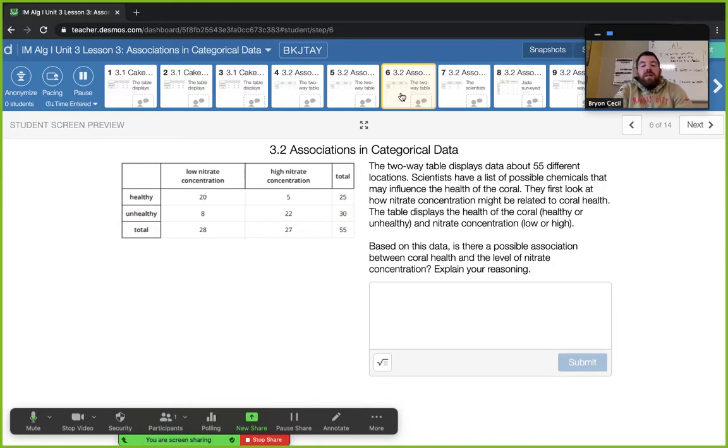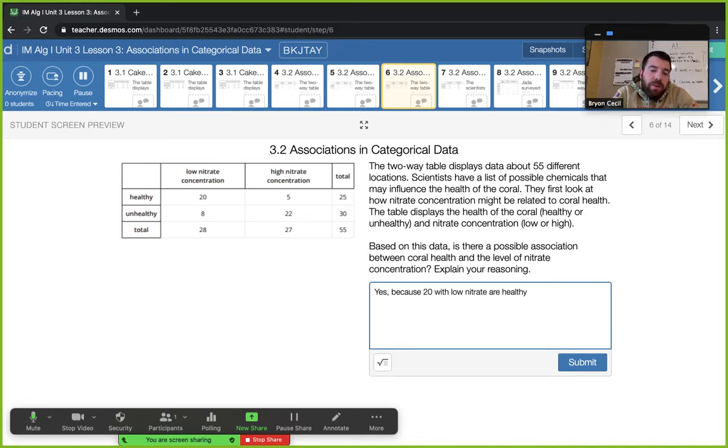Based on this data, is there a possible association between the coral health and the levels of nitrate? You would say yes, because 20 with low nitrate are healthy. That's 20 out of 25, so 4/5.